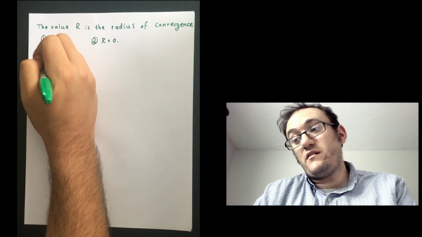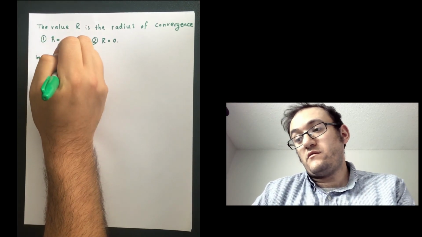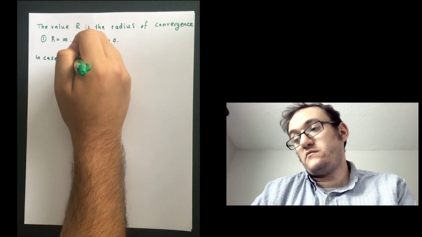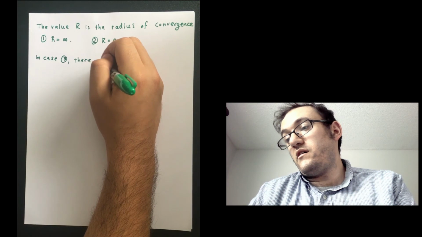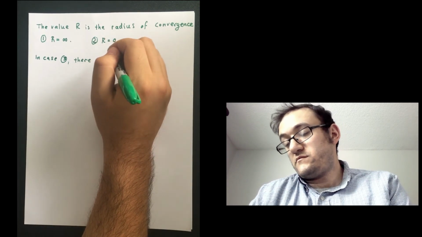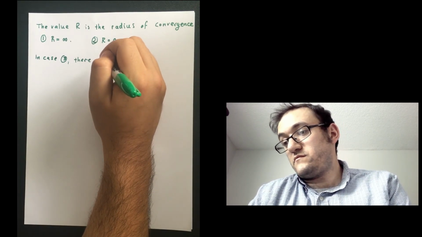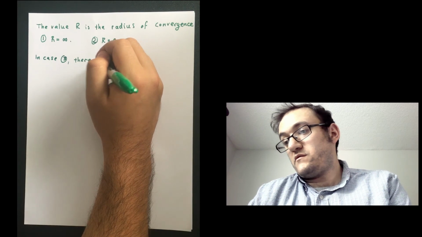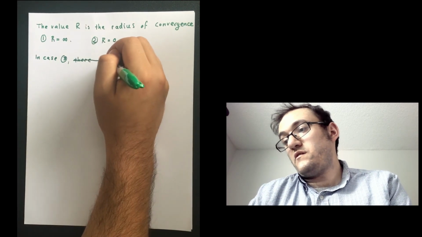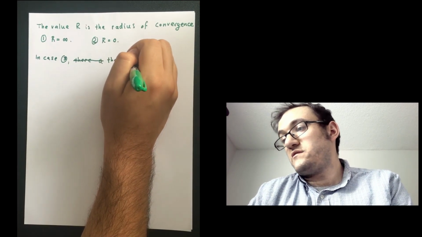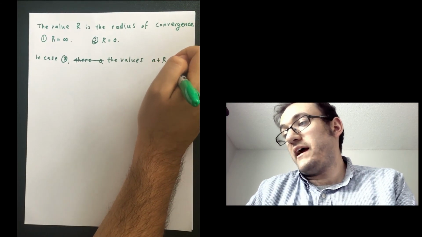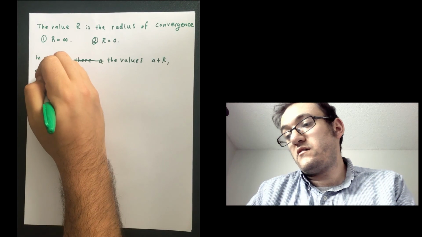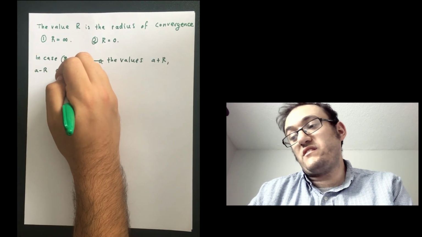In case 3, the values a plus r and a minus r are called endpoints of the interval.